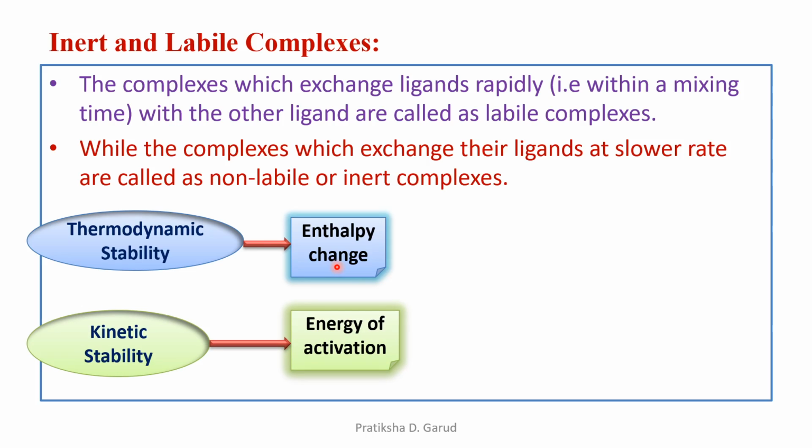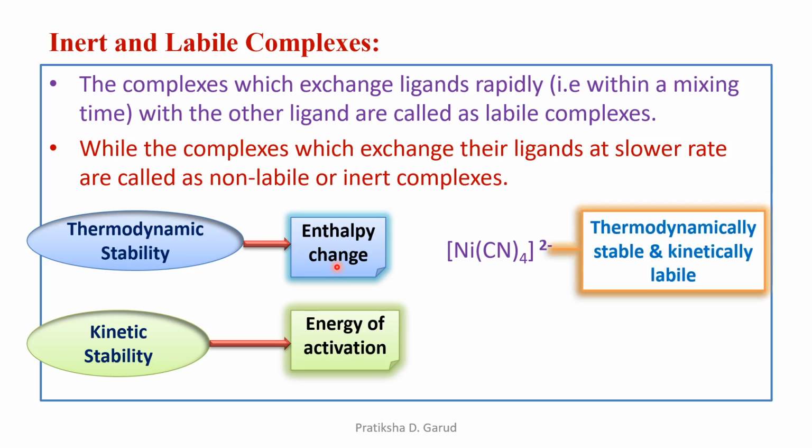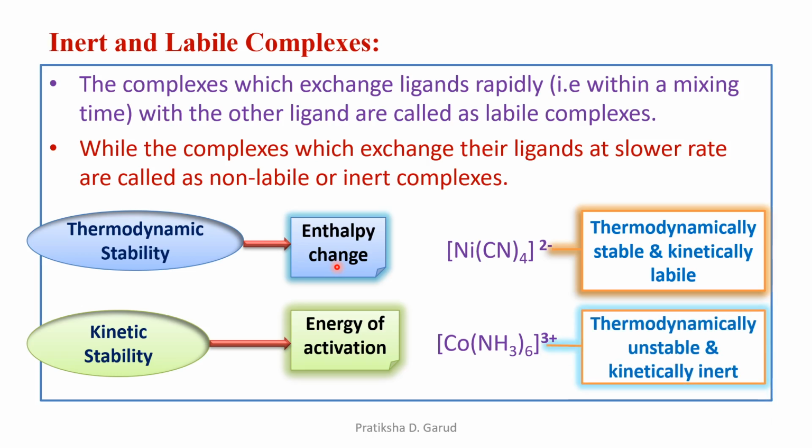Based upon this, take the example [Ni(CN)4]2-. This complex is thermodynamically stable and kinetically labile. Whereas the second example, [Co(NH3)6]3+, is thermodynamically unstable, but kinetically inert. So this is regarding inert and labile complexes.